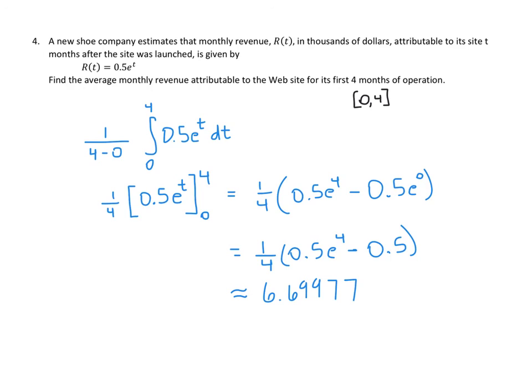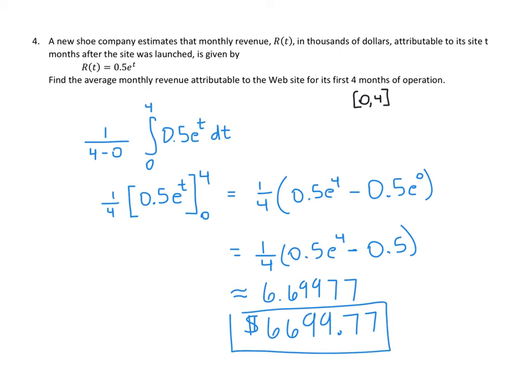And this is in thousands of dollars. So we could write this then as $6,699.77 to put it in context of the problem. So this gives us the average monthly revenue attributable to the website for its first 4 months of operation.